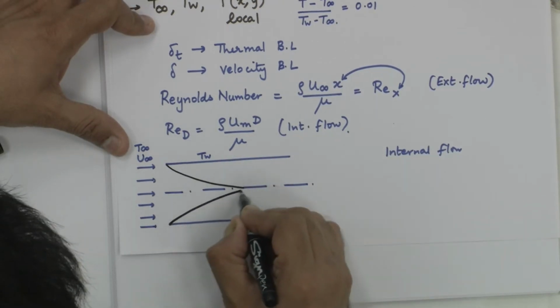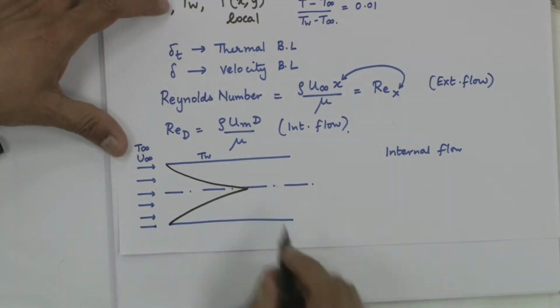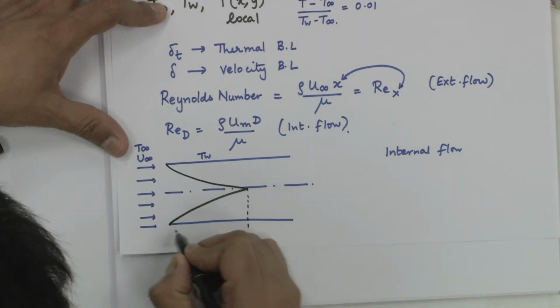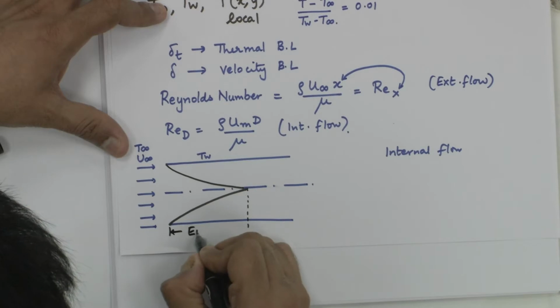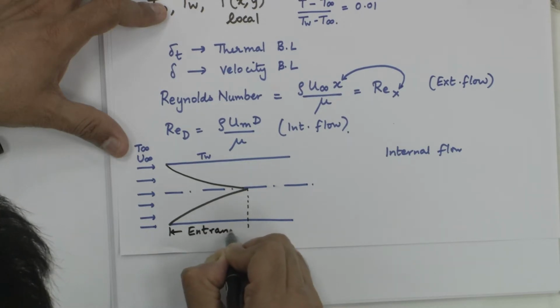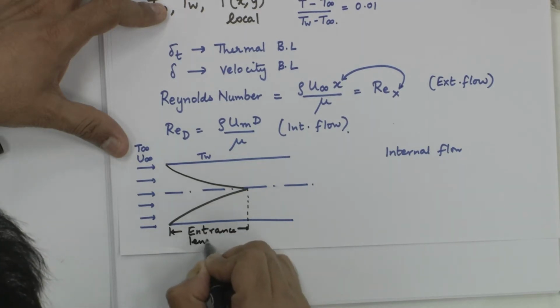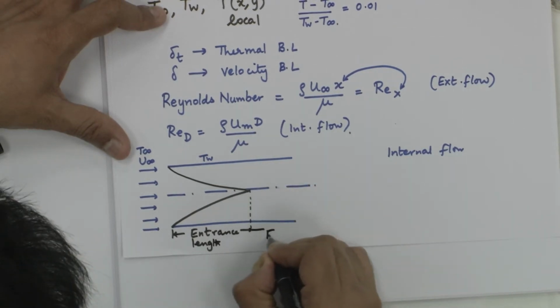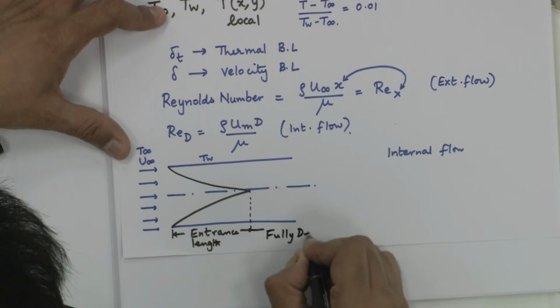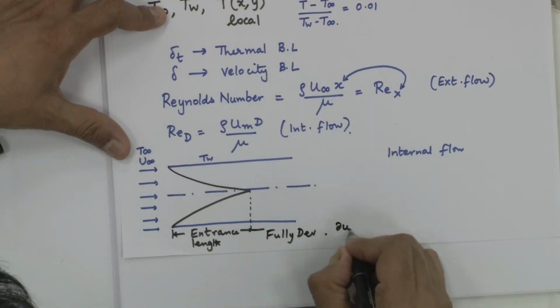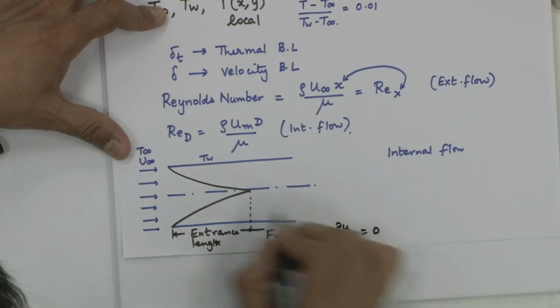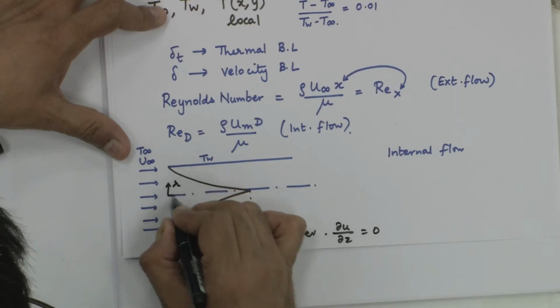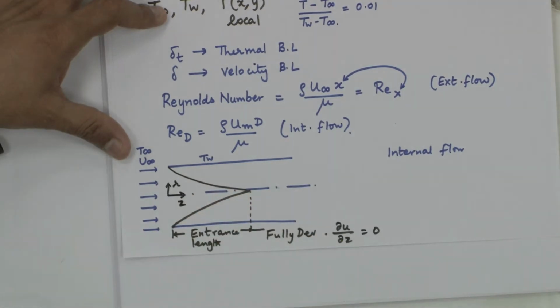These boundary layers in 3 dimensions will merge at some location, which we end up calling as the entrance length, entry length or entrance length, hydrodynamic entrance length. And beyond this, we call the flow as fully developed. Mathematically, we said du by dz equal to 0. This is your r direction, this is your z direction.